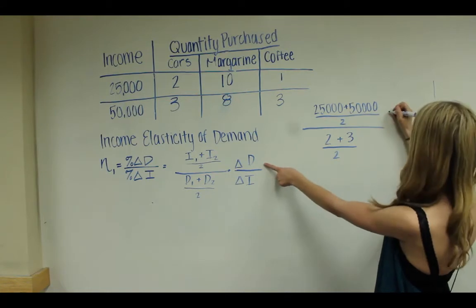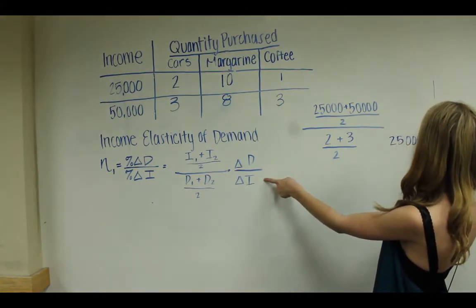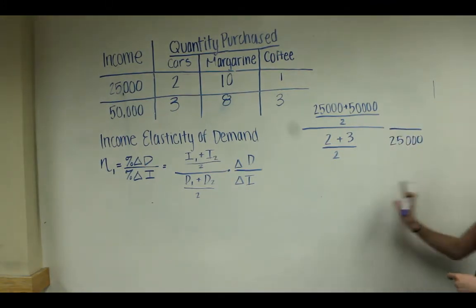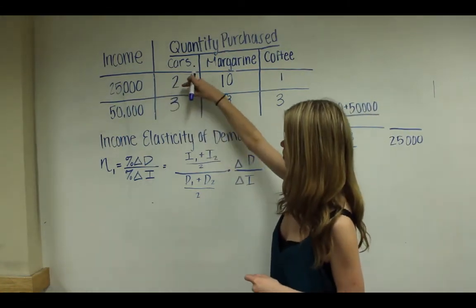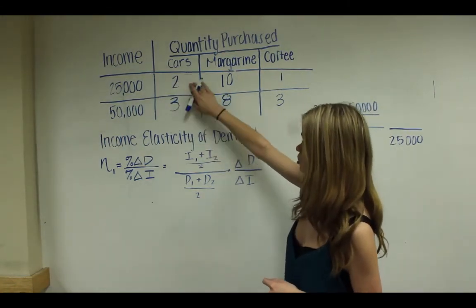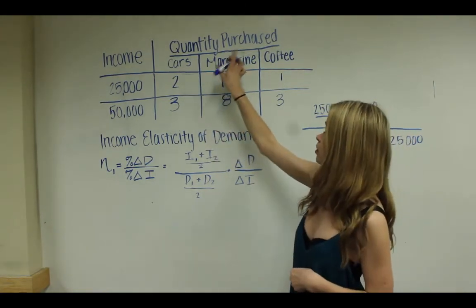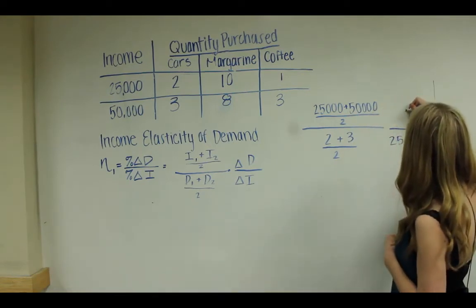So our change in income is 25,000. And our change in demand, again, moving from the first one to the second one, 2 to 3, is an increase in the quantity purchased of cars. And that's a 1 increase.